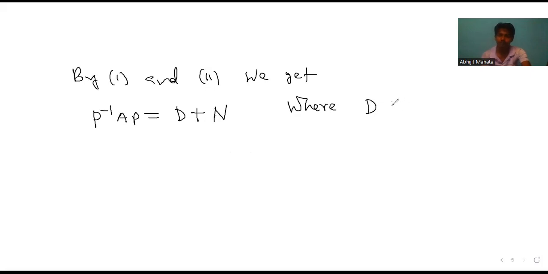This is a diagonal matrix, and this is nilpotent.